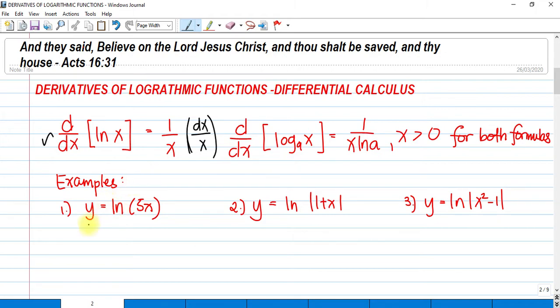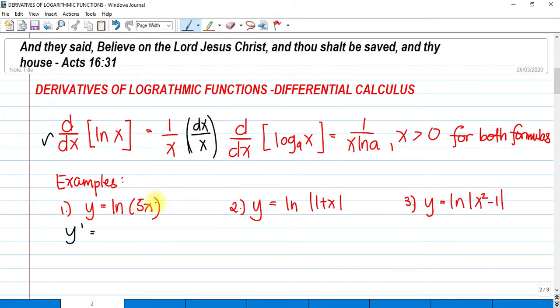So for number 1, we have to get the derivative of y is equal to ln of 5x. So first, what is the formula? This is an ln, so this is 5x. We're going to get the derivative of this 5x with respect to x, and that would be our numerator over the original function, which is 5x.